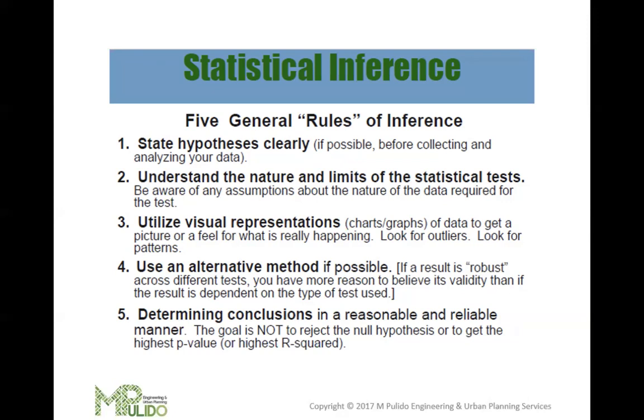So number 1 is state hypothesis clearly. Clearly define the null and alternative hypothesis before collecting and analyzing data. The null hypothesis typically represents no effect or no difference, while the alternative hypothesis represents an effect or a difference.